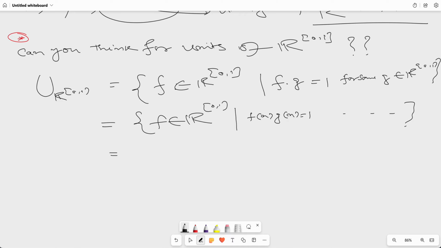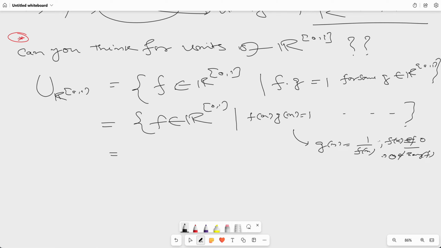So what are the choices for g here? You have to choose g(x) to be 1 by f(x), but 1 by f(x) is defined only if f(x) is not 0. This means that 0 is not inside the range of f.